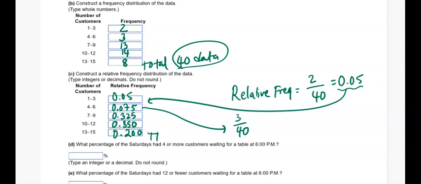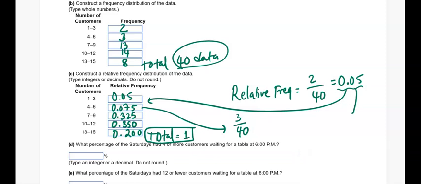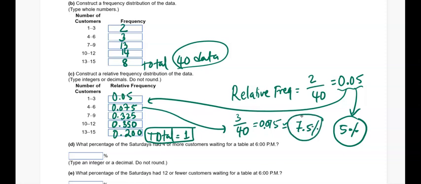You don't have to do it here, but to check your answer, the total must be 1. Also, you can put the relative frequency as a percentage: 0.05 is 5%, and 0.075 for the second class is 7.5%.